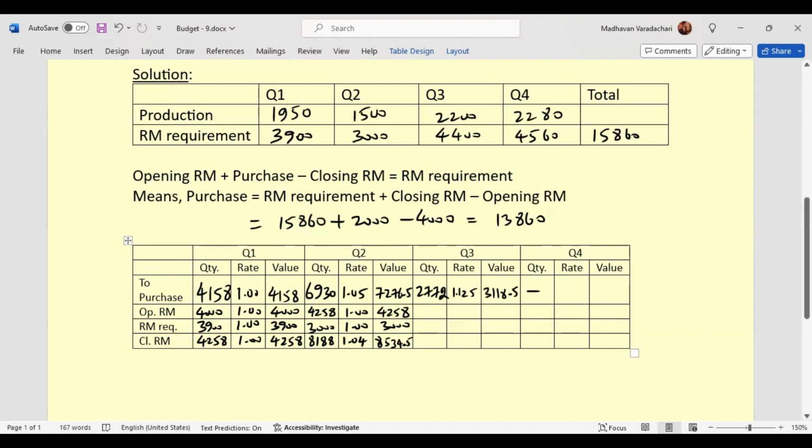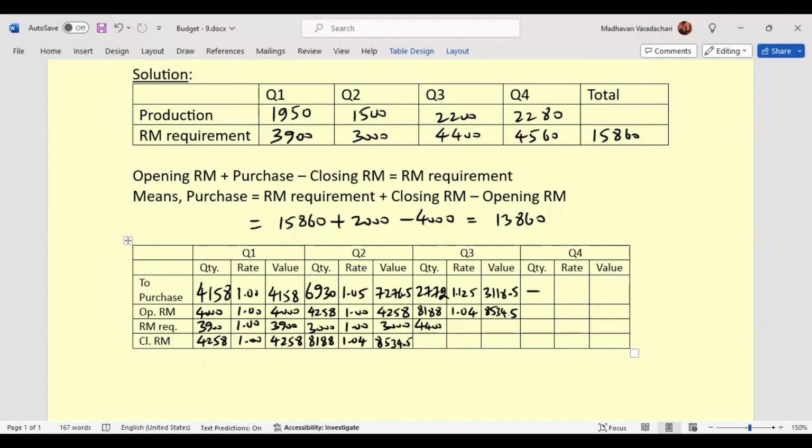So here our opening raw material will be 8188 at 1.04 at a value 8534.5. Raw material required in the third quarter is 4400.